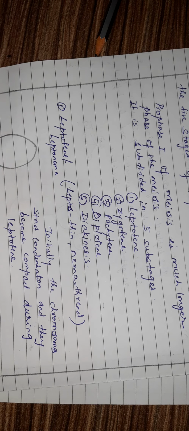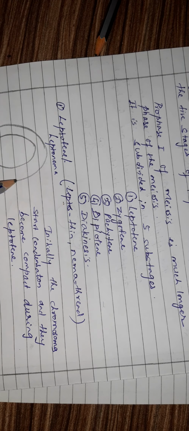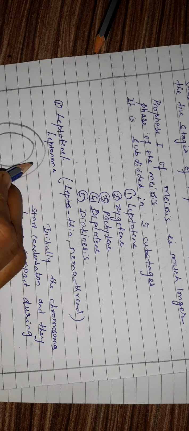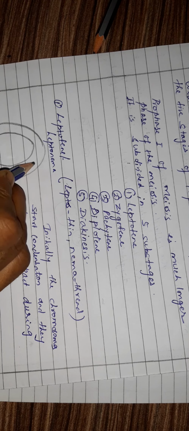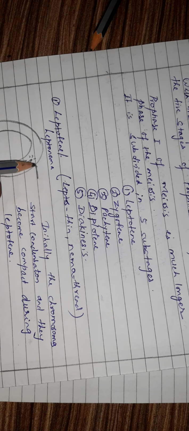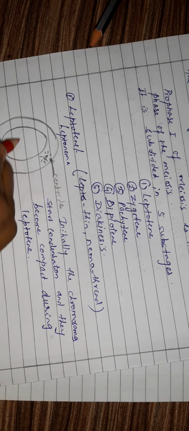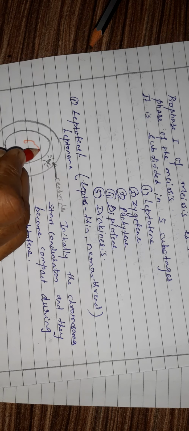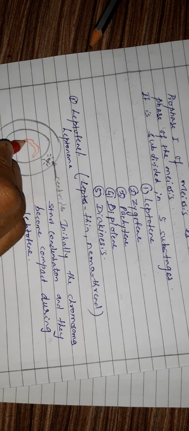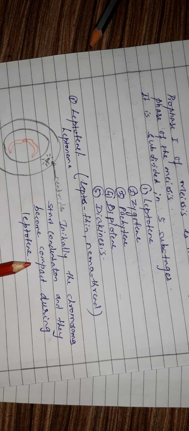Now for each stage there is a figure. So here centriole is there. Then chromosomes are shown. You can see the chromosomes in this stage.